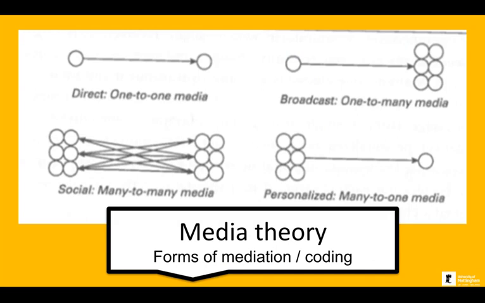There's differences between things which look like they might be the same. And it starts to open up lots and lots of different understandings of the relationships between senders and receivers, between groups of senders and groups of receivers, than you just get if you just describe the media channels.